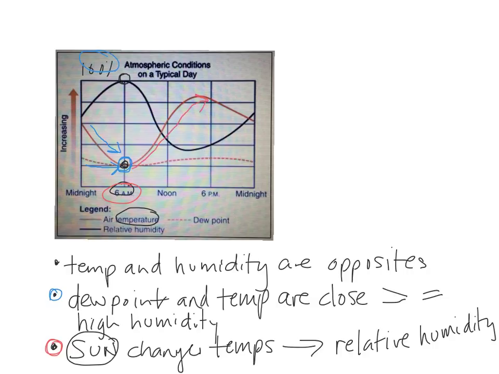And because we know that humidity and temperature are opposites, we should see humidity at its lowest. And then again, you'll see the temperature go back down as we start getting away from our direct sunlight during the daytime. Of course, that's midnight. So that cyclical change is also going to affect humidity.